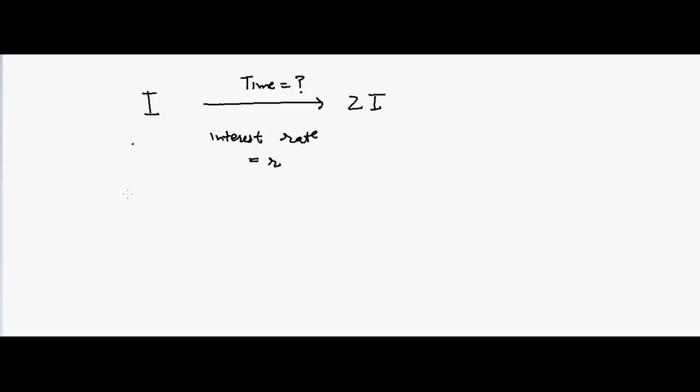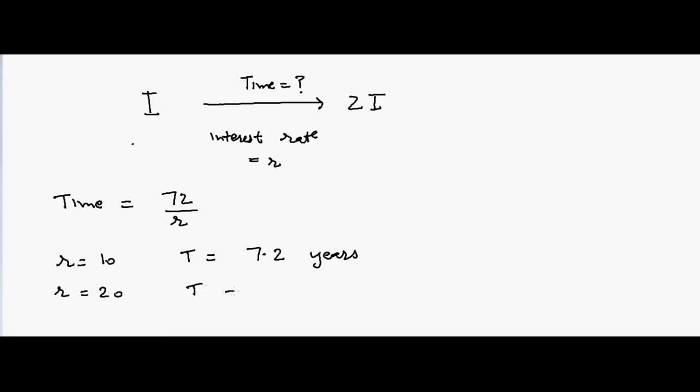There are certain ways to calculate this, but if you use this trick, the approximate time can be calculated very easily, and the time will be equal to 72 divided by R. So for example, if rate is 10, then time will be equal to 7.2 years. If rate is 20, then time will be equal to 3.6 years.